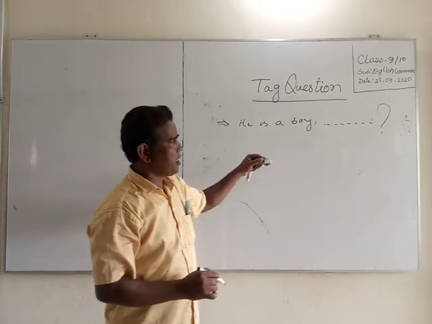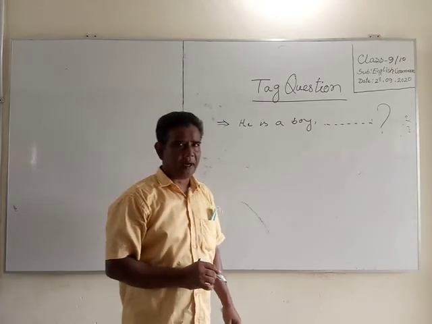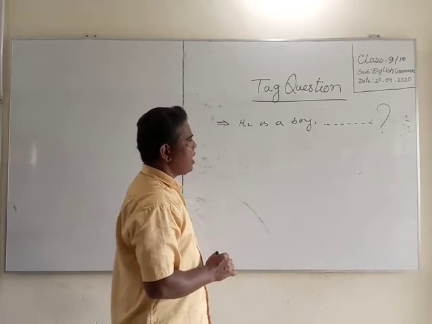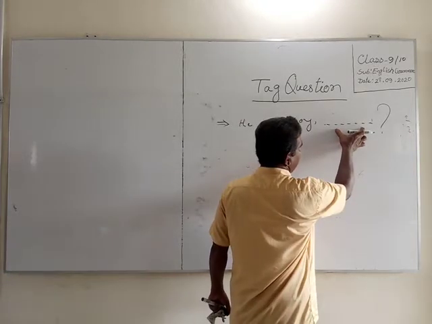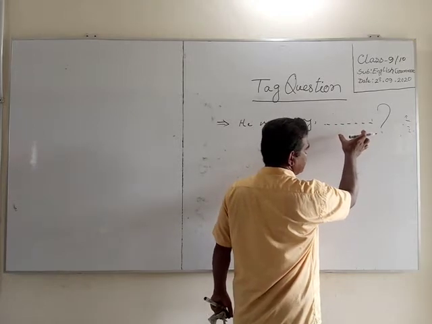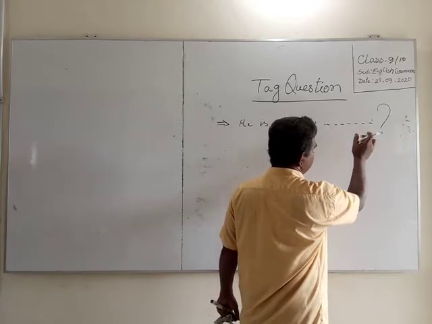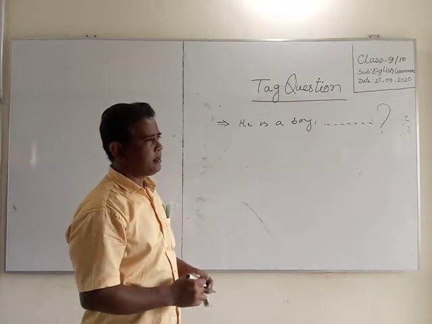In this structure, a tag question always comes in the question paper. You have to write the answer in the blank at the last portion of the sentence. And how can we solve it?